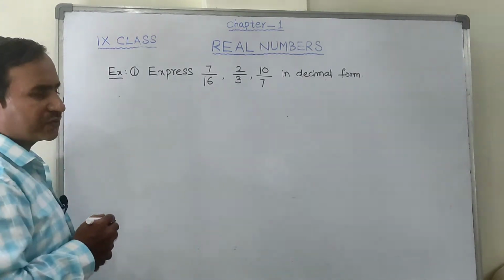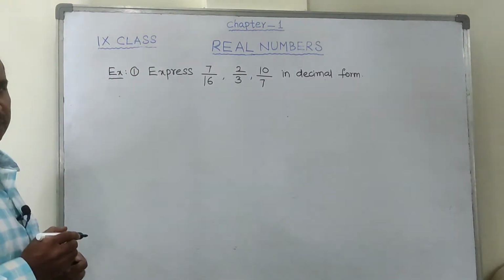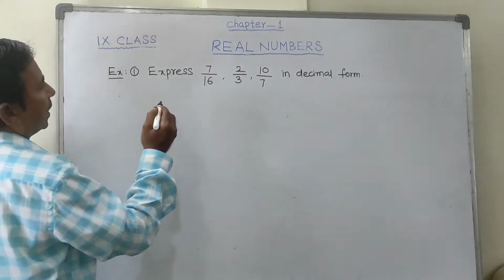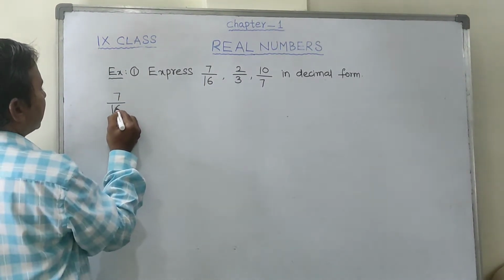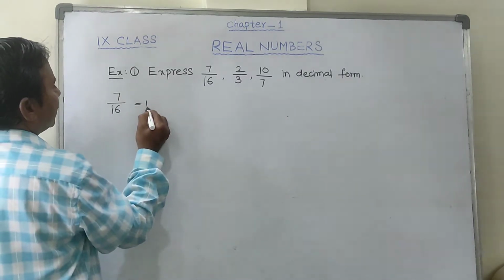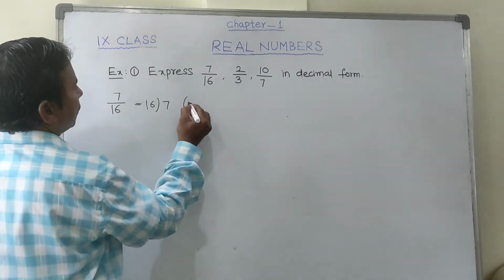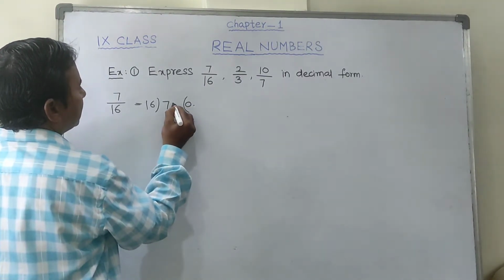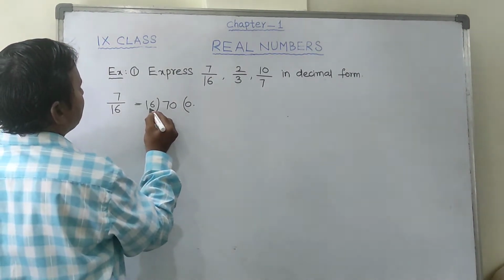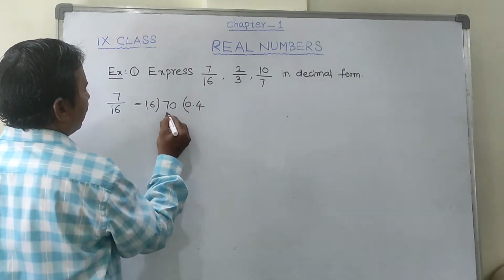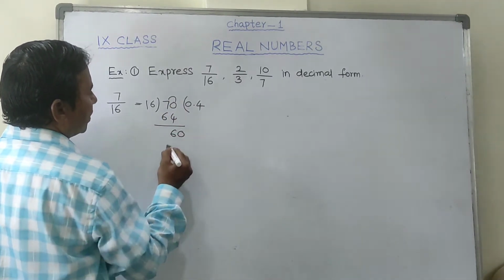Express 7 by 16, 2 by 3, 10 by 7 in decimal form. To do decimal form, let us take one by one. First 7 by 16. So 16 and 7. It won't go, so you write here 0 point and carry 10. Now how many times does it go? 16 fours are 64. 6 becomes 60.